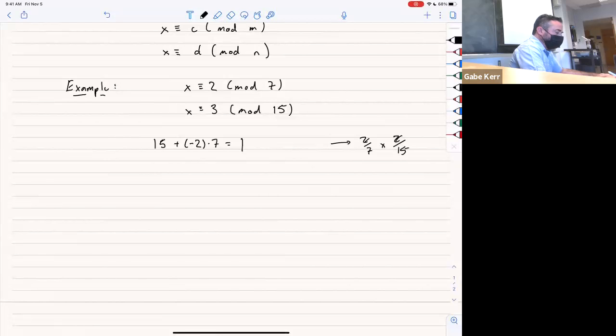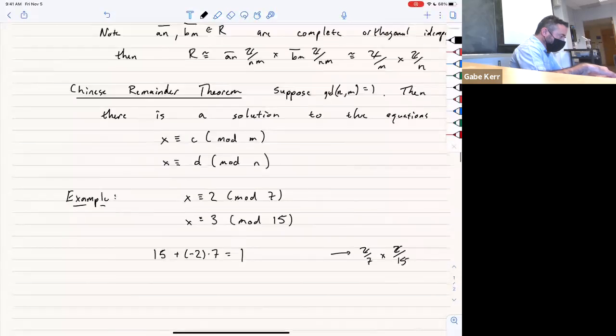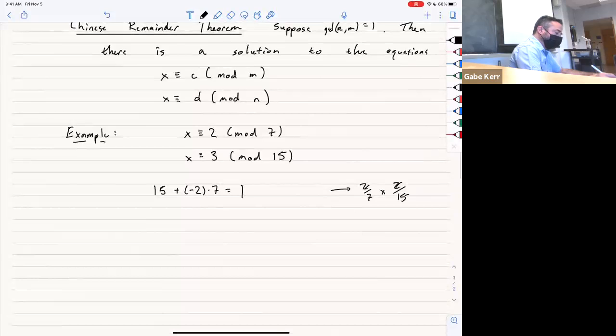This is going to be multiplying by 15, which is the A times N. So this is going to go to 1. And this is going to be multiplying by negative 2 times 7, which is negative 14.